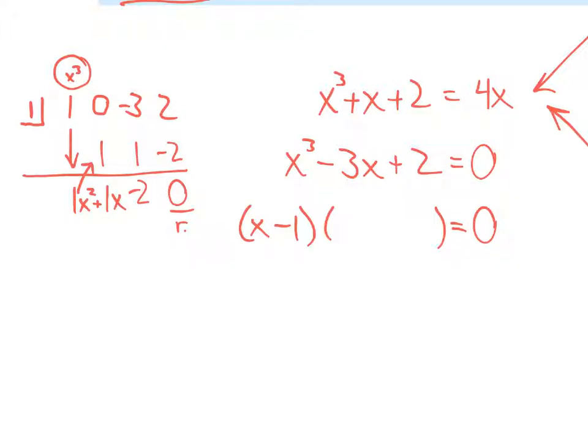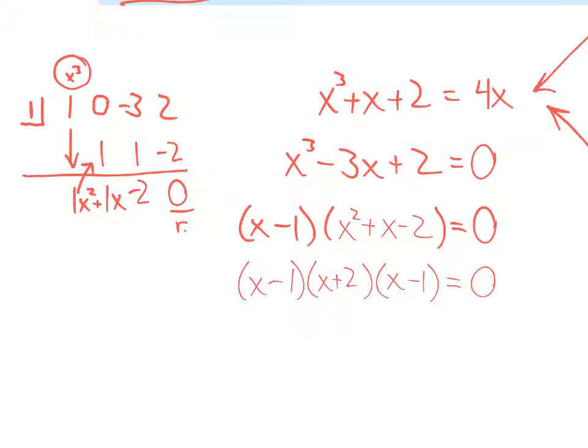So now I know that what goes in the parentheses here is an x squared plus x minus 2, which is only a quadratic, and you can solve that now. You can solve the quadratic either by the quadratic formula, or, better in this case, by factoring, because this is an easy one to factor. So it's x plus 2, x minus 1.